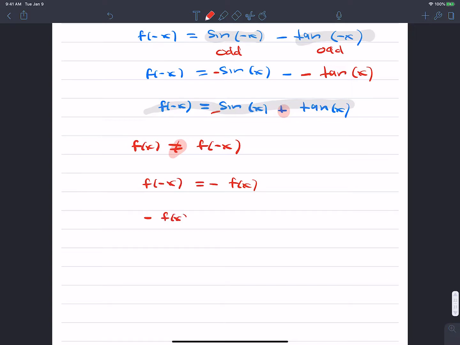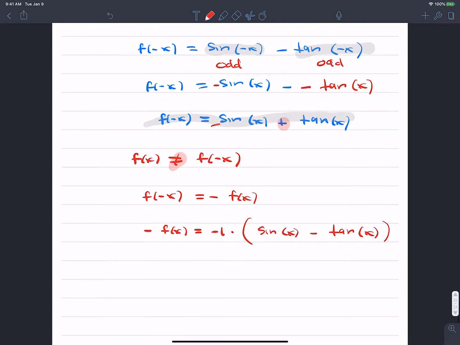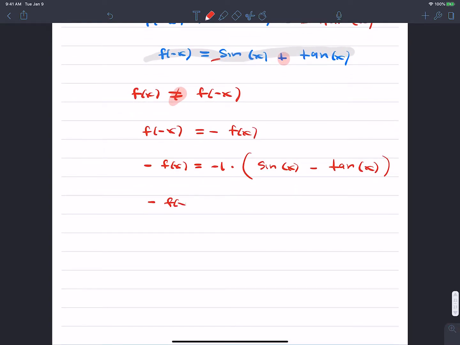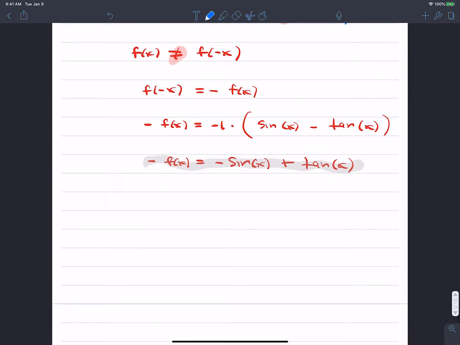It'll be minus 1 times the original function, which is sine minus tangent. So minus f of x is minus sine x plus tangent x. So what did we just notice about this here? They're the same. So what we know here is that f of minus x is minus f of x, which means your function is actually odd.